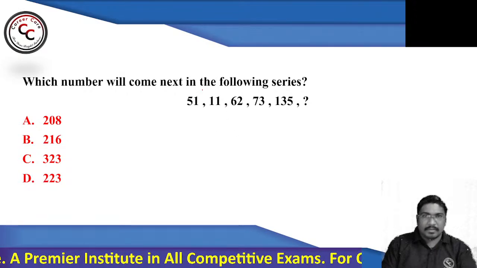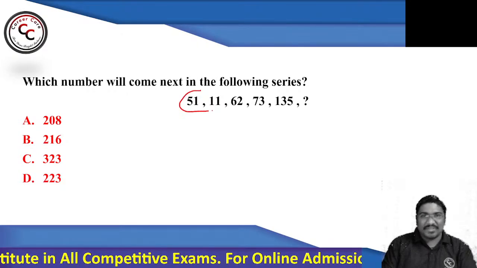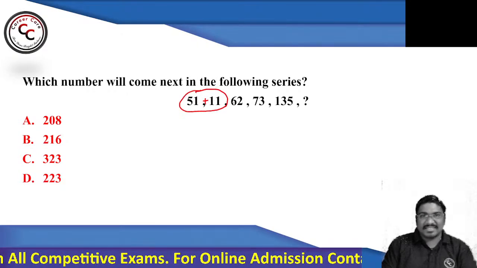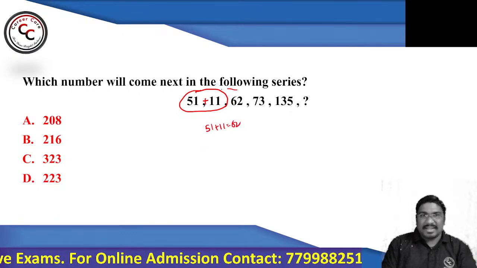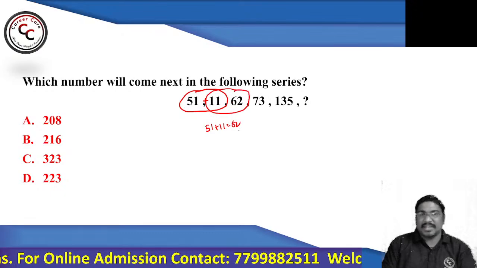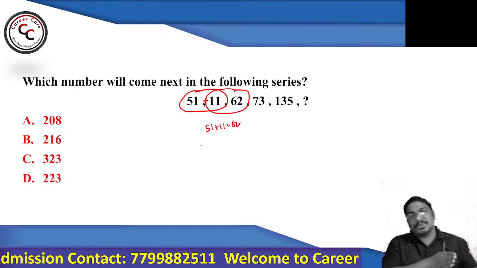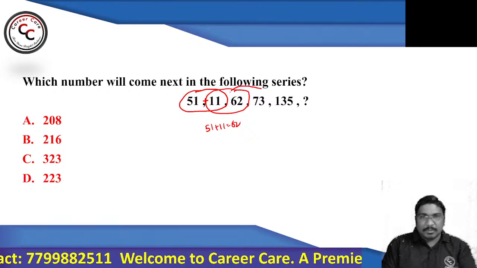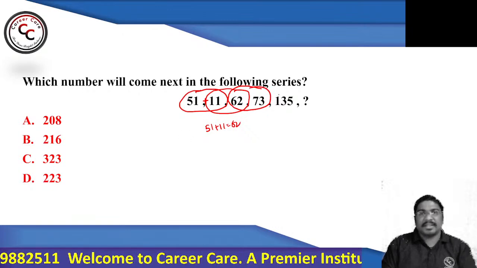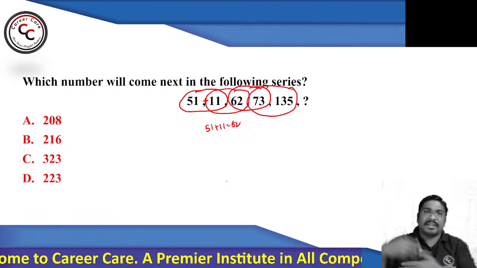So see, no answer so far. Chalo, let's see. 51 plus 11 is 62. 11 plus 62 is 73. Right? So here it is the sum of the previous two numbers. Similarly, 62 plus 73 is 135. Then 135 plus 73. So here you cannot find any exact pattern.